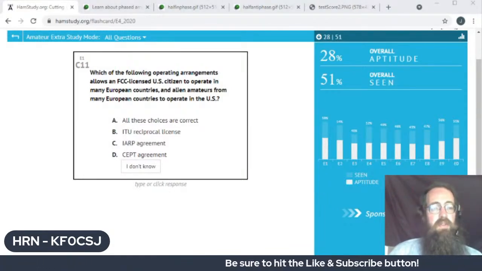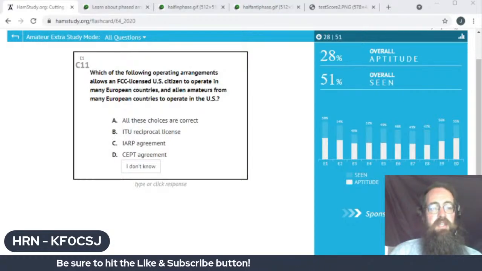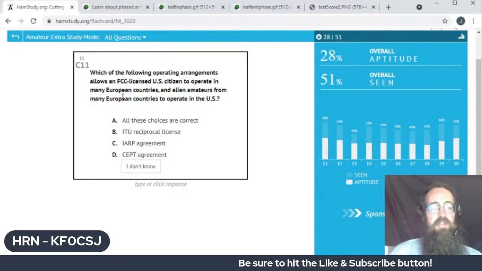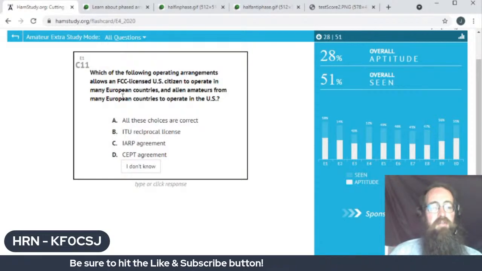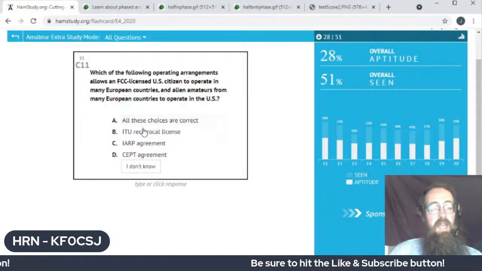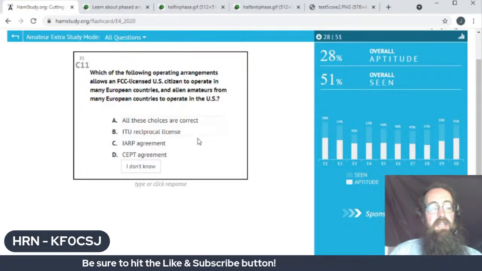which of the following operating arrangements allows the FCC licensed U.S. citizen to operate in many European countries and alien amateurs from many European countries to operate in the USA? A, all of these choices are correct. B, the ITU reciprocal license.